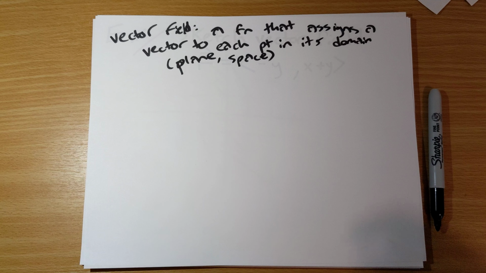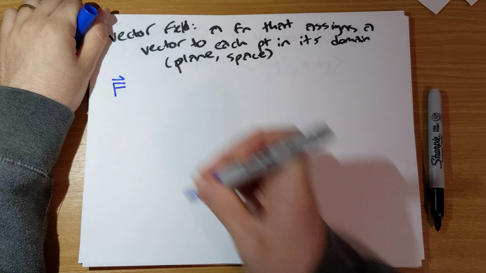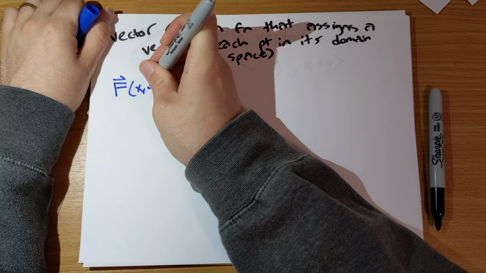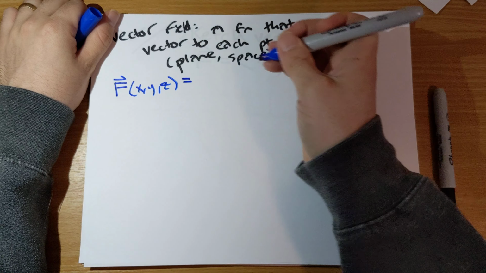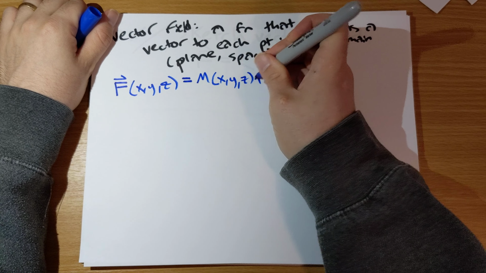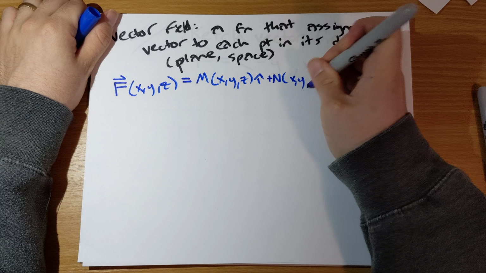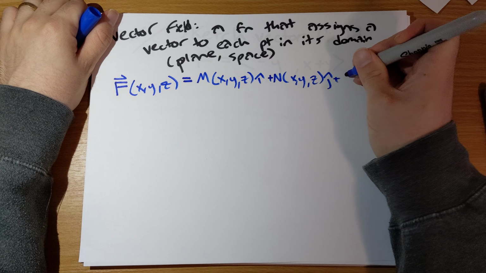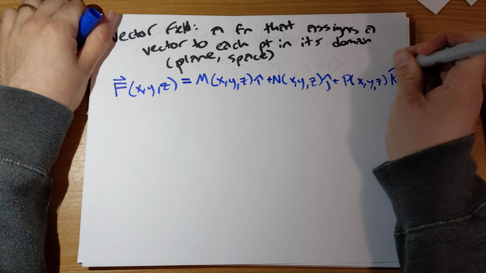So what is this going to look like? F of x, y, z is equal to M of x, y, z i hat plus N of x, y, z j hat plus P of x, y, z k hat.